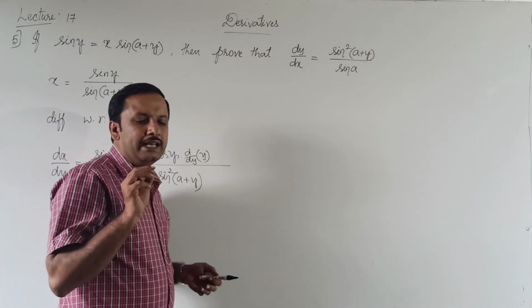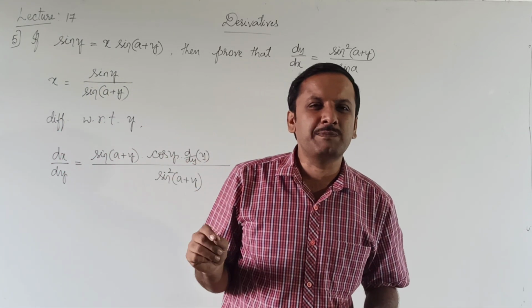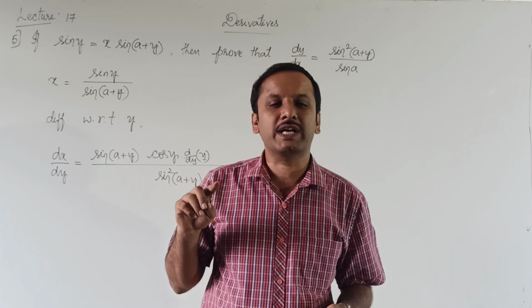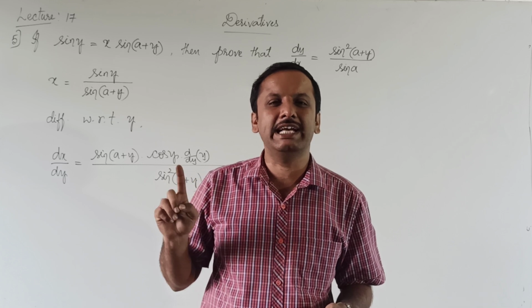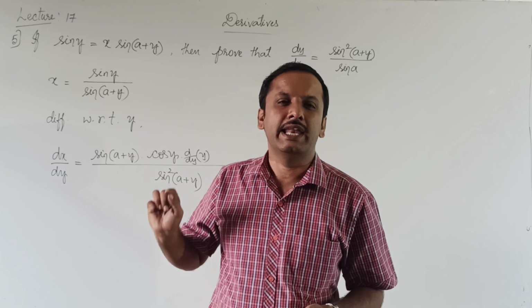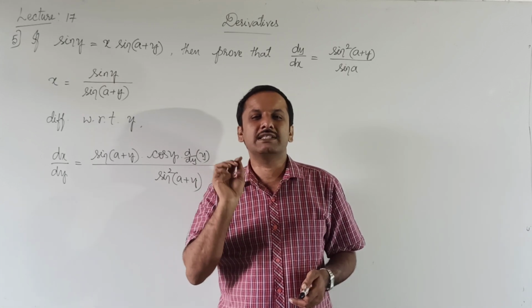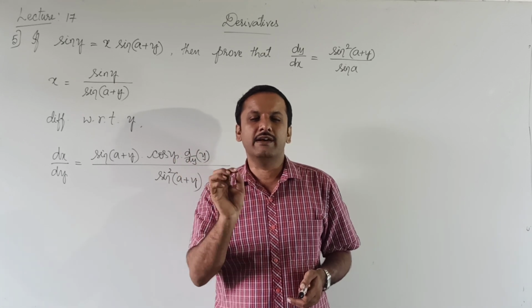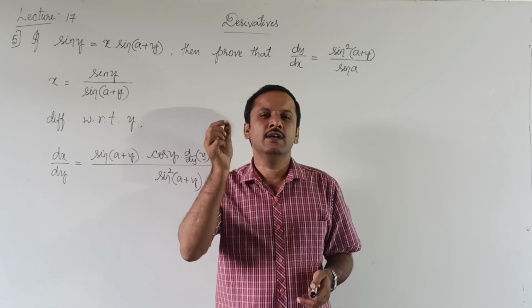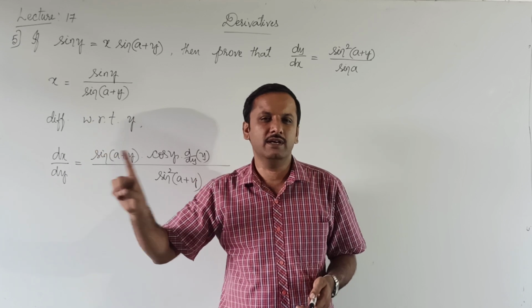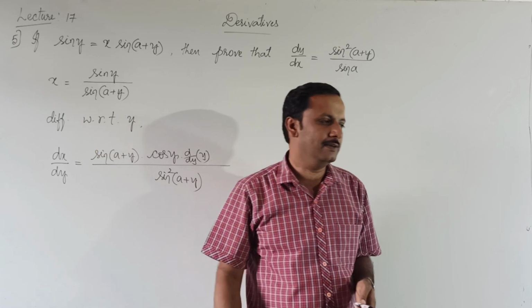So, see, the derivative of sin x with respect to x is cos x. So the derivative of sin y with respect to x will be cos y into dy by dx. Now I am talking about the derivative of sin y with respect to y. So it will be simply cos y, that's all. Derivative of sin y is cos y. Or you can say cos y into the derivative of y with respect to y, which is 1. Cos y into 1 will give you cos y.